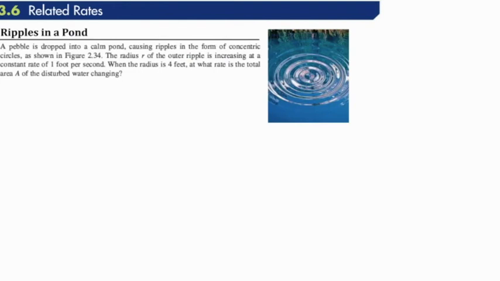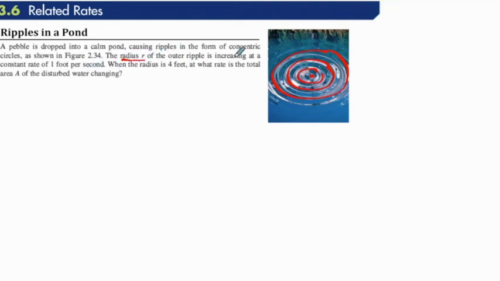So here are a few other examples we'll work through. This one is ripples in a pond. If a pebble is dropped into a calm pond, causing ripples in the form of concentric circles. Concentric circles are circles with the same center, and the radius emanates from that same point. As shown in the image, the radius r of the outer ripple is increasing at a constant rate of 1 foot per second.